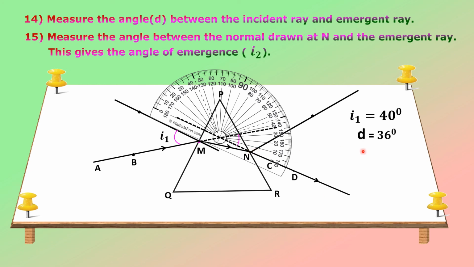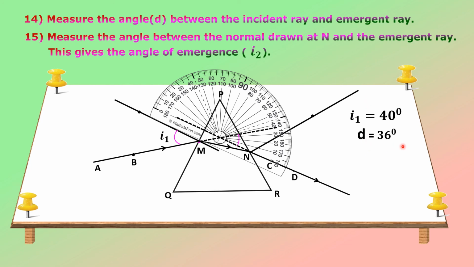So here the angle of deviation is 36 degrees. In the earlier case, when the angle of incidence I1 was 35 degrees, the angle of deviation was 38 degrees. Here the angle of incidence has been increased from 35 to 40. Now the angle of deviation has decreased from 38 to 36.